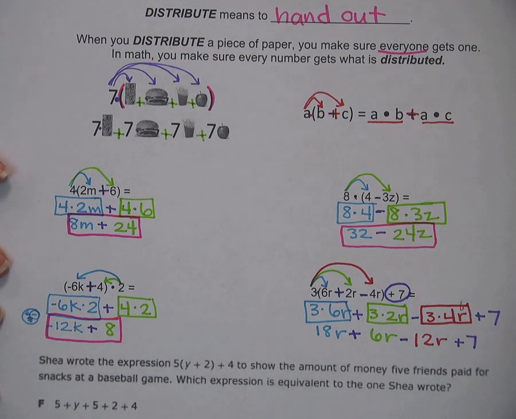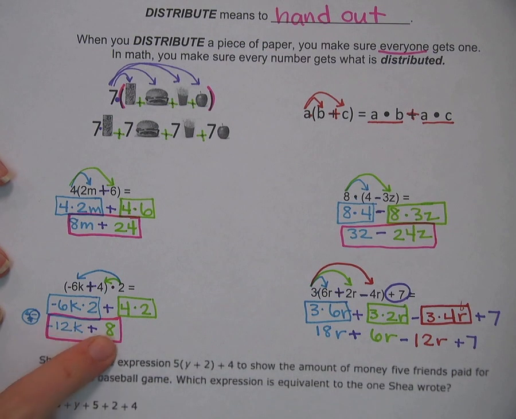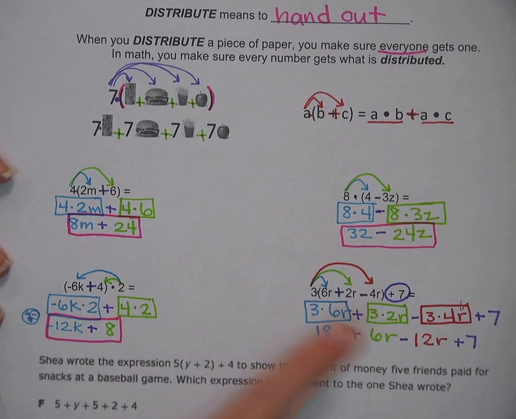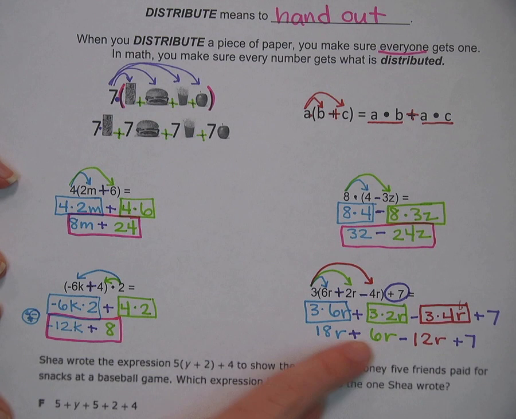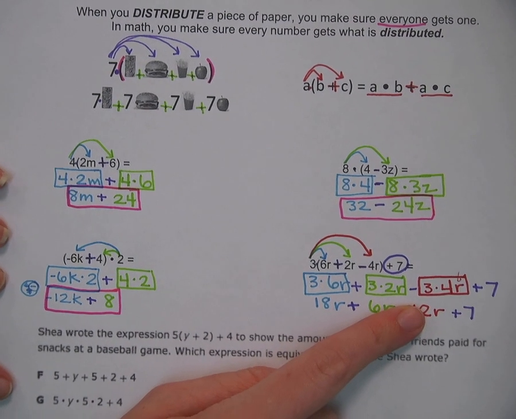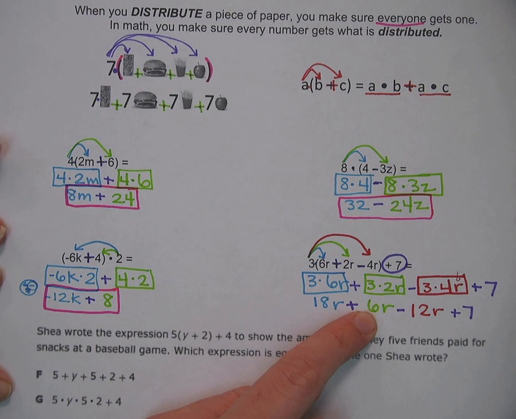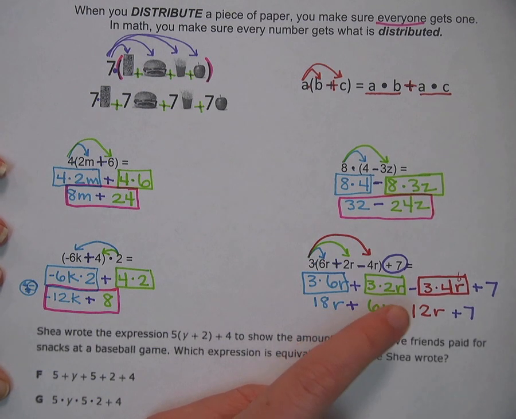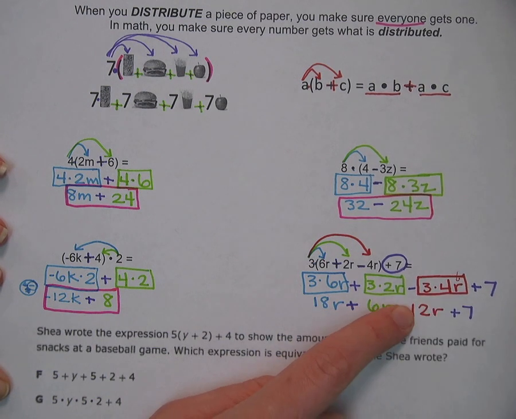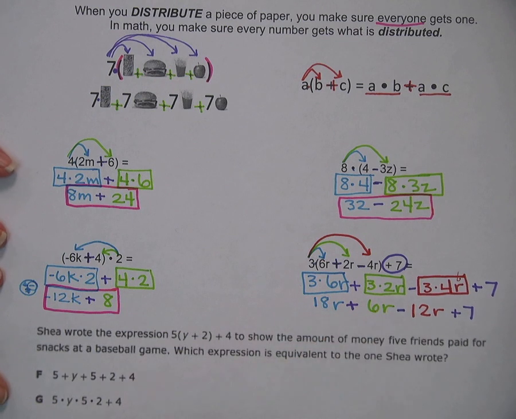So now, this is where it gets a little bit different. On all the other ones, we had a letter and a number, and they were separate. On this one, I have more than one r. So I can put all of these r's together. So to finish solving this problem, I need to do 18 plus 6, which is 24, and then 24 minus 12 is 12.